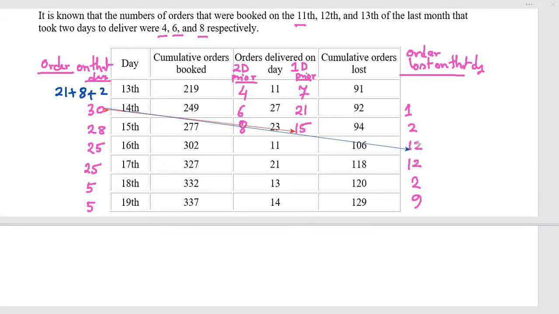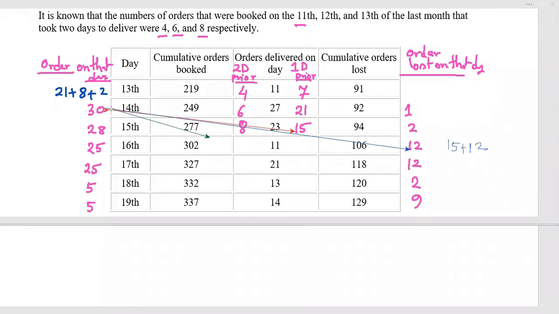So 15 plus 12: 15 orders delivered the next day, 12 orders lost, and the next day at the end. So 27, but the total order was 30. So 3 more orders have been delivered on the second day. So on the second day, it would be 3 more orders.